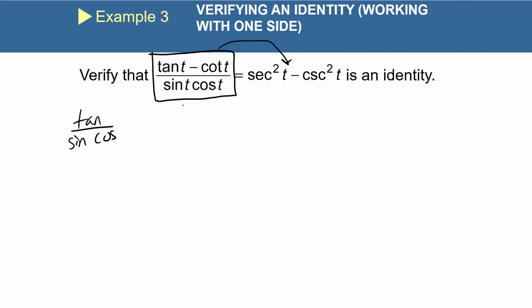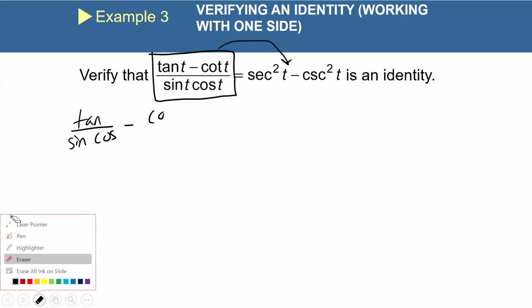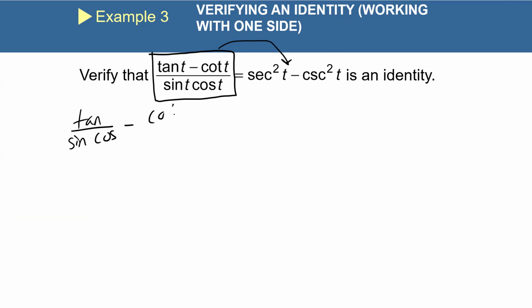I'm doing the left side, how I initially did. I separated them: sine over cosine minus cosine over sine, divided by sine times cosine.